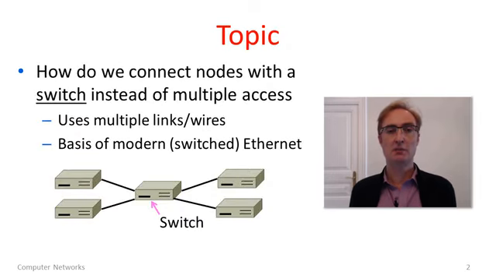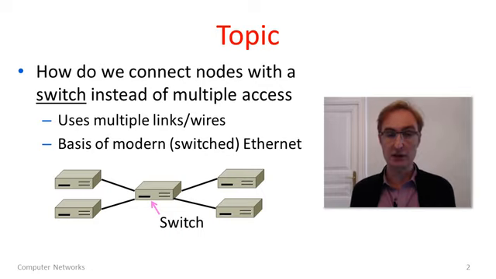Okay, so we've talked about multiple access schemes a lot. Now they are very widely used for wireless networks. 802.11 was the popular example. But when we're using wires, rather than have the hosts run a multiple access control protocol, the method which is used today, which is vastly more popular, is to connect all of the hosts to a switch device in the middle.